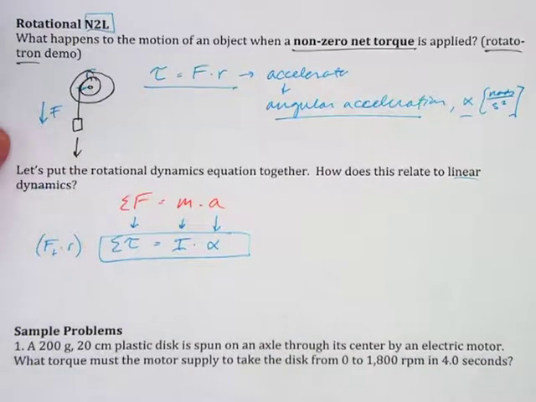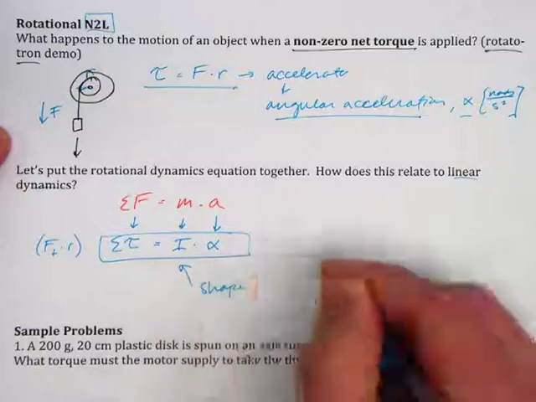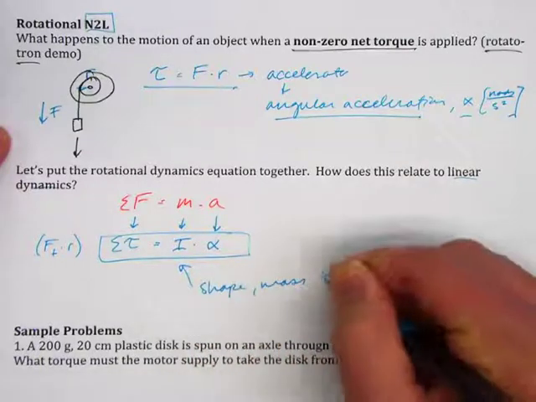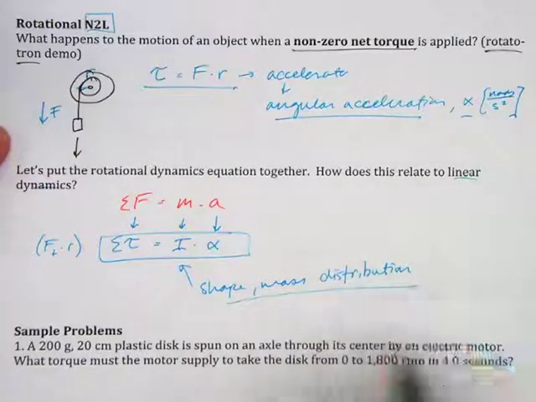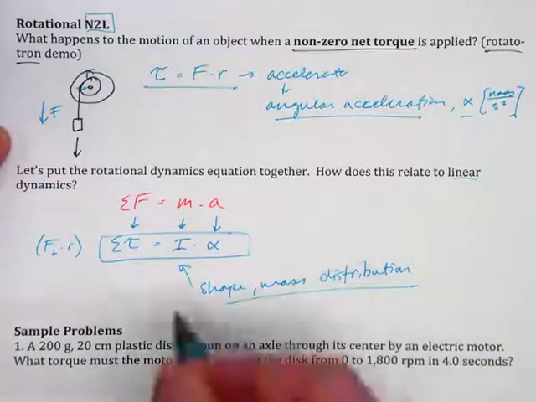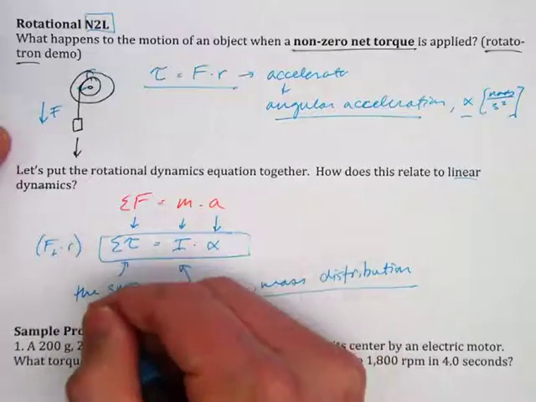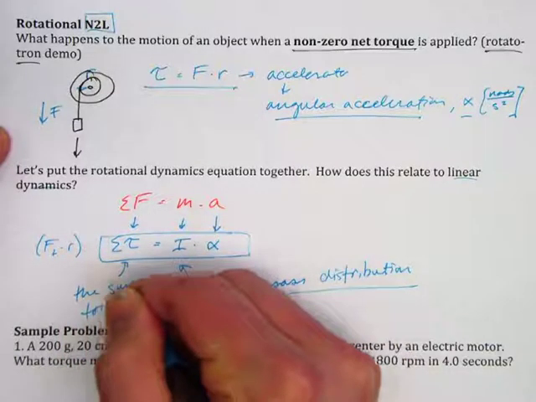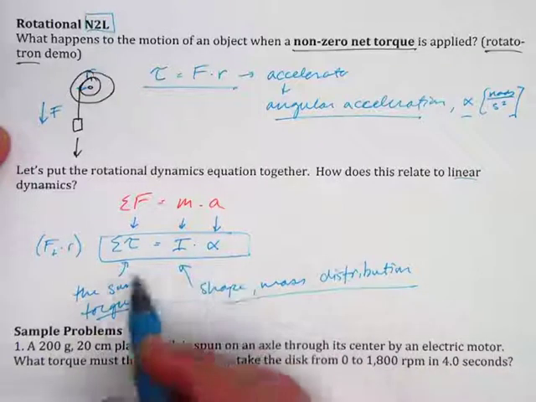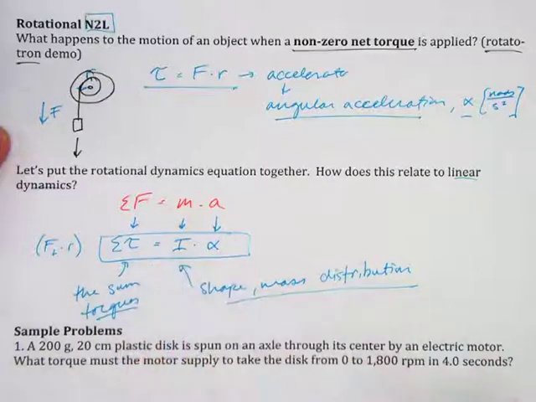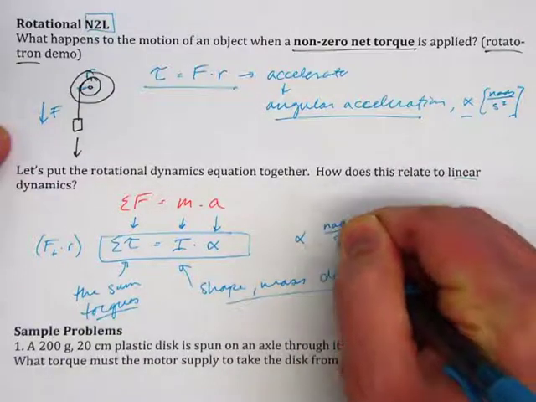So in all the problems that we're looking at, we're going to need to know the shape and mass distribution to determine I. But then, just like we did in first semester, we're going to sum all the torques acting on that object, and based upon proportion here, that net torque will be equal to I alpha, where alpha is in radians per second squared.